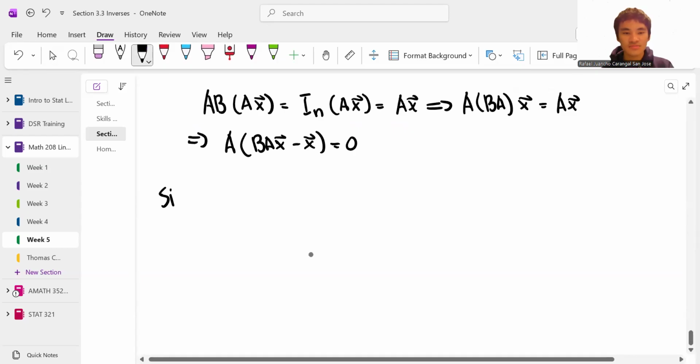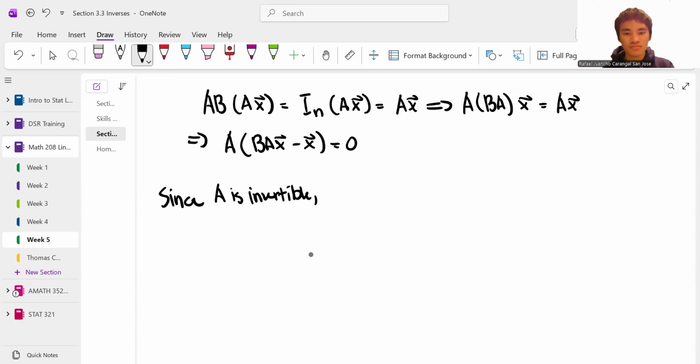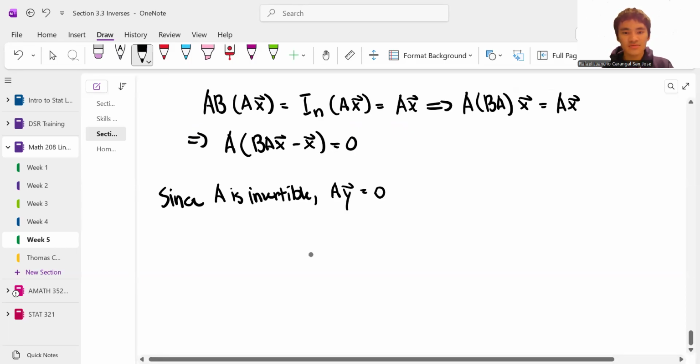We'll look at it here. Now, since A is invertible, AY is equal to 0.